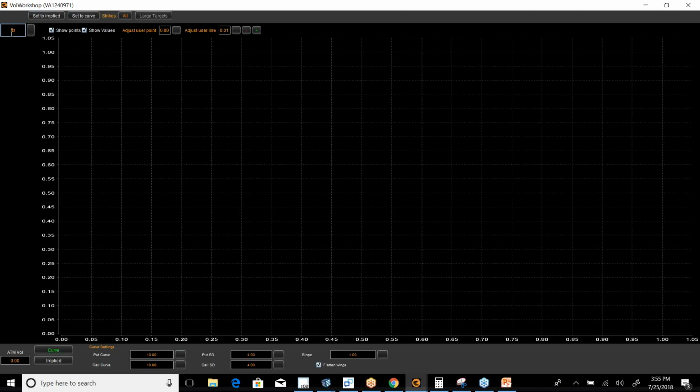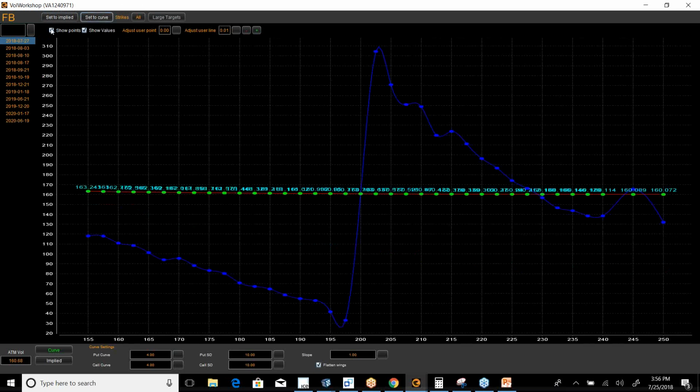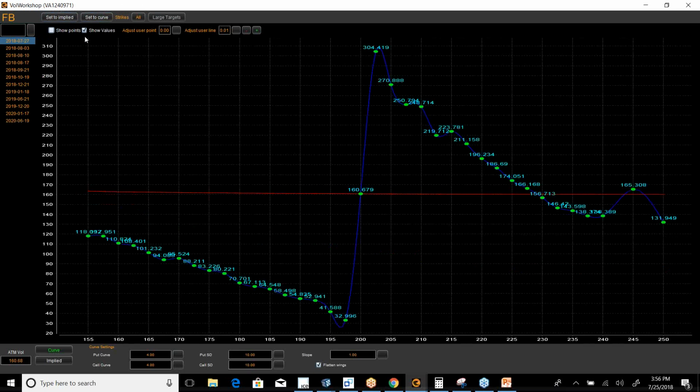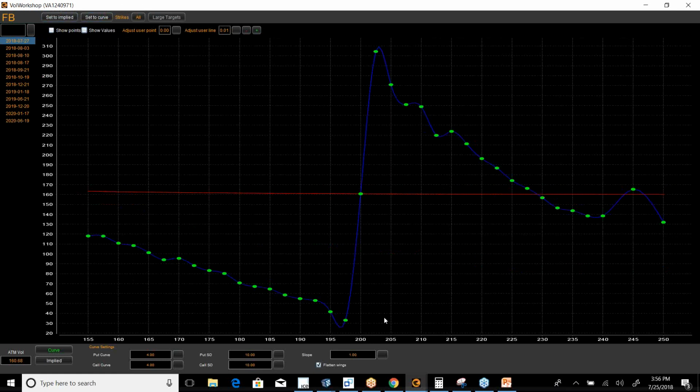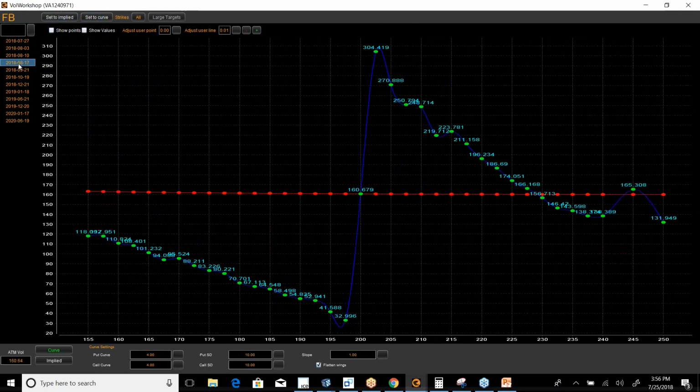So here's Facebook. I'll pull it up again, and I'm looking at July options. I want to set to curve, set to implied, and this is obviously showing you some screwiness. I'll pull in a smoother curve. We had some funky end of day stuff that I think is messing with the strikes.